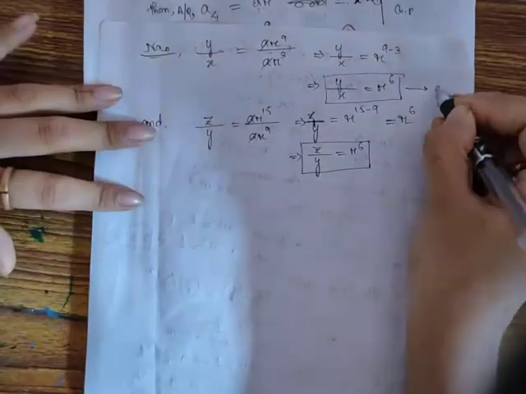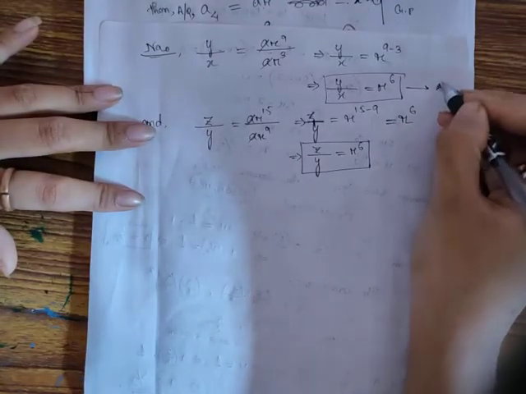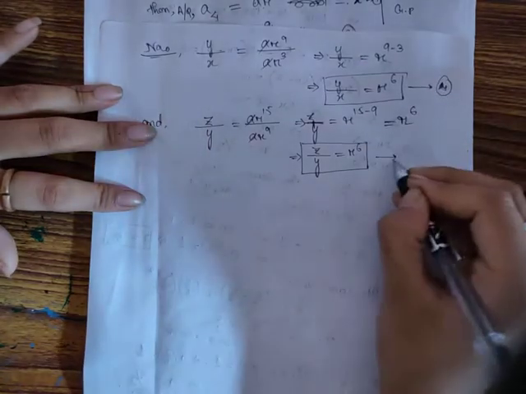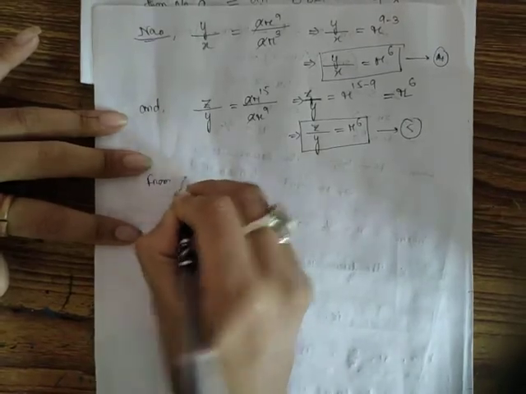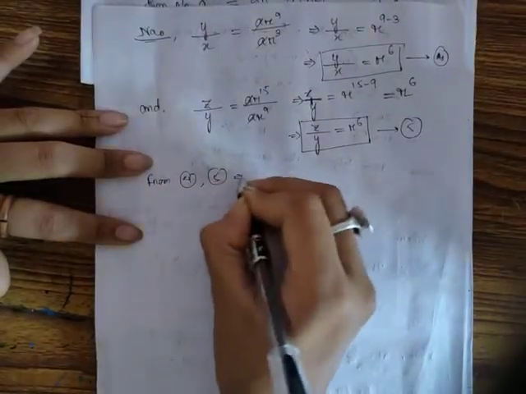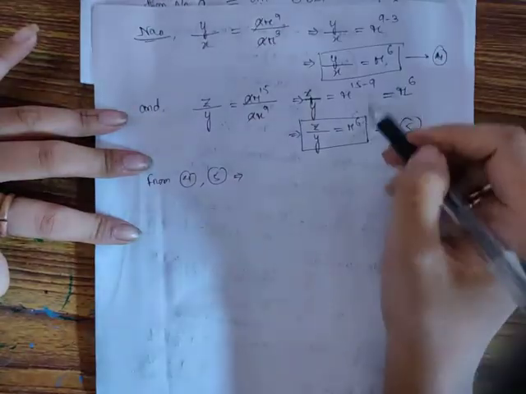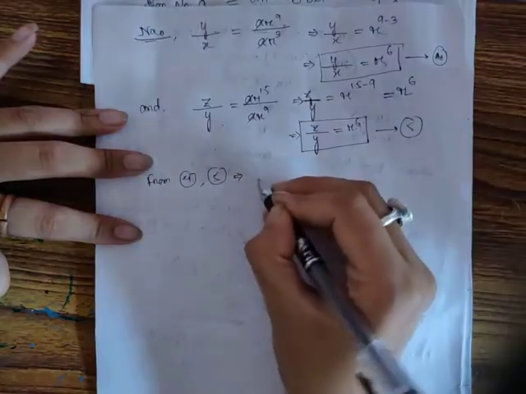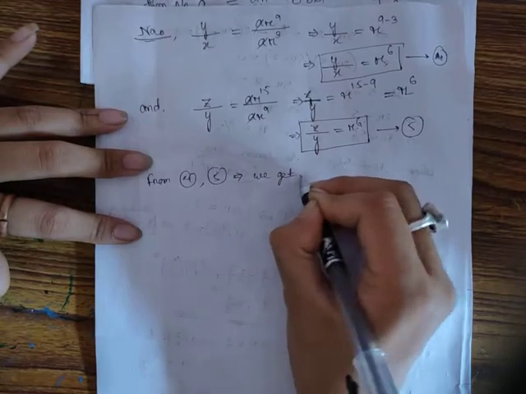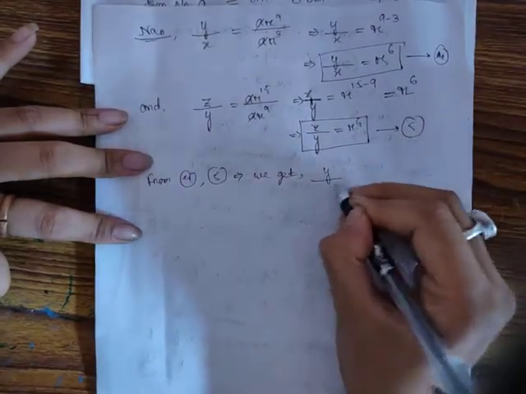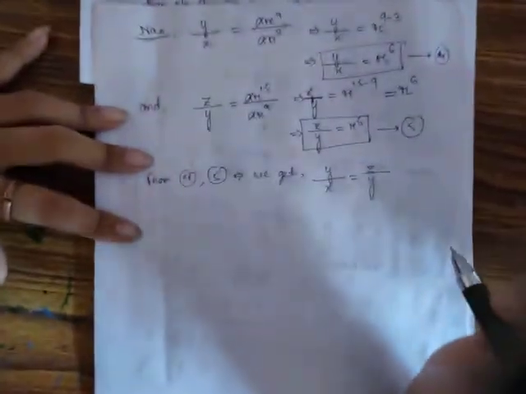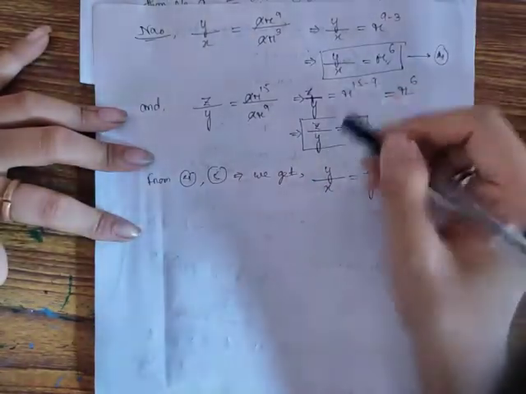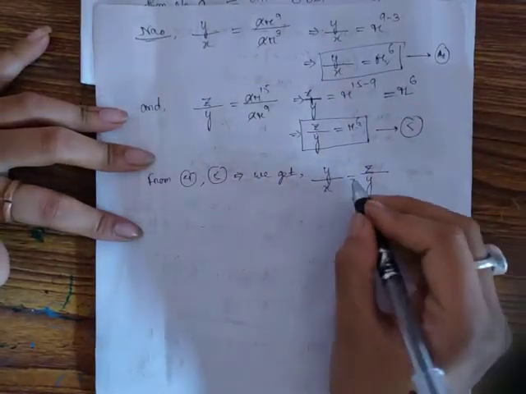Therefore, call it equation number 4 and equation number 5. From 4 and 5, we see the right hand side is the same, so the left hand side must also be the same: y by x equals z by y, because the right hand side r to the power 6 is the same.